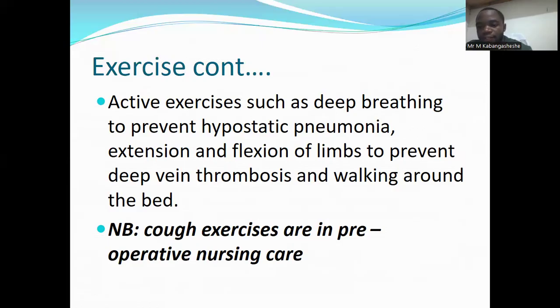The patient is asked to inflate a balloon, maybe over a period of 15 minutes. Inflates the balloon, deflates it, inflates again. As they are pushing air into the balloon, that is encouraging or promoting lung expansion and also removal of any possible secretions that may accumulate in the airway. That is very important.